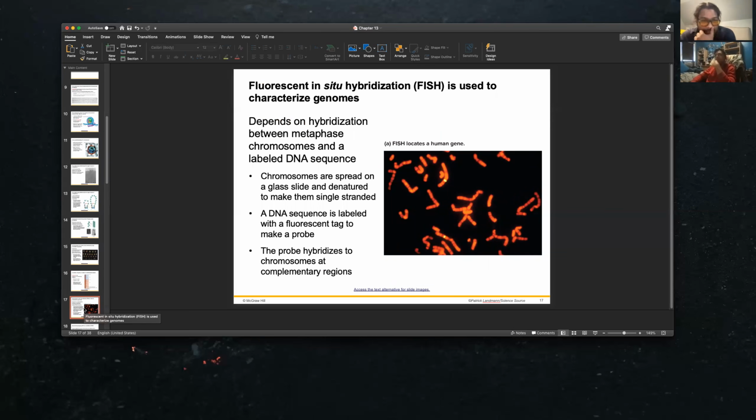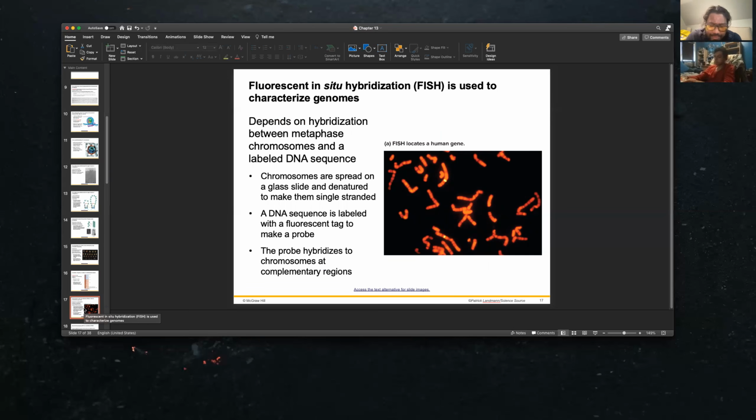Yeah, FISH. Okay. So that's what they use to characterize genomes. It depends on hybridization between metaphase chromosomes and a labeled DNA sequence. So chromosomes are spread apart on a glass slide and denatured.